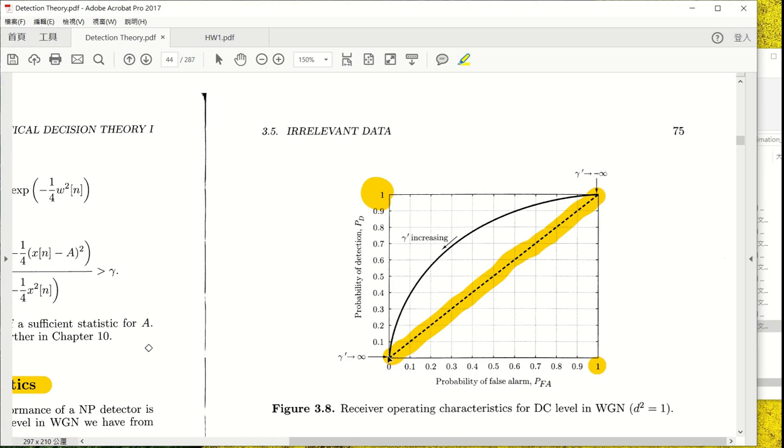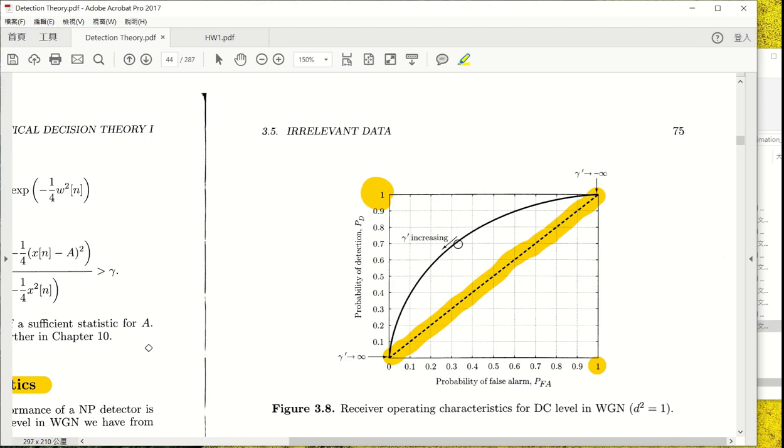This point is more of a conservative point. Why should I say conservative? Think about it. You increase your threshold, so it becomes very hard for you to make a decision for H1. At the same time, it also reduces the probability of false alarm, right? Because it's hard for you to make a decision for H1.